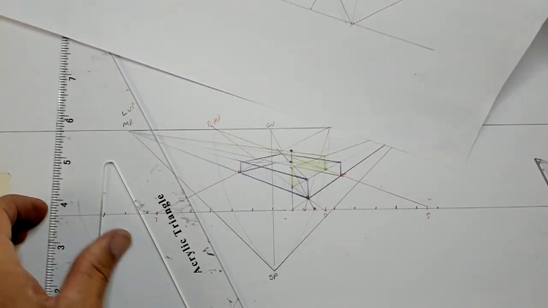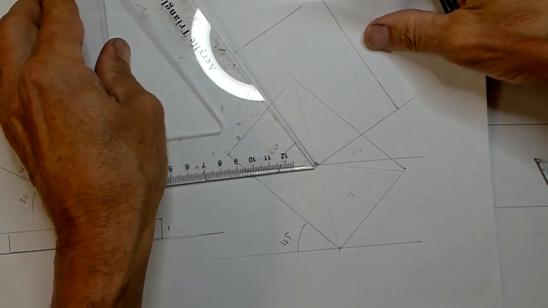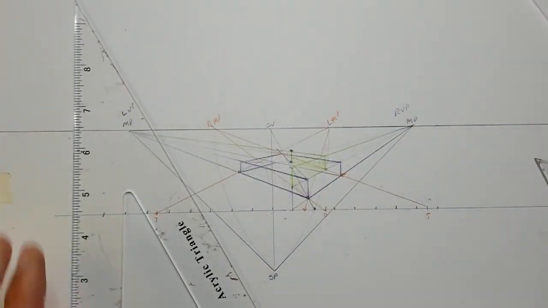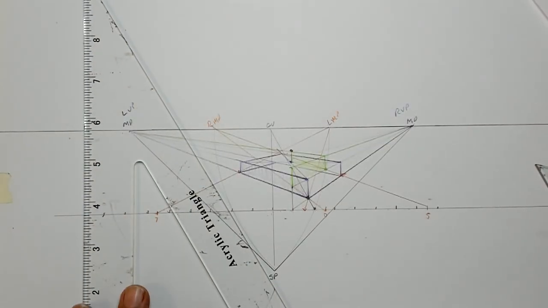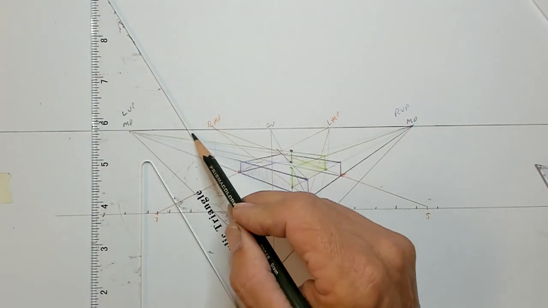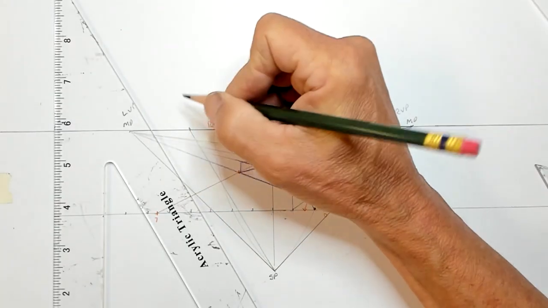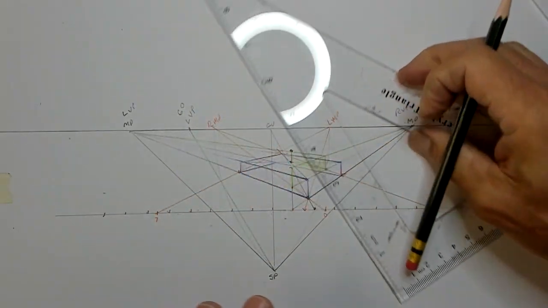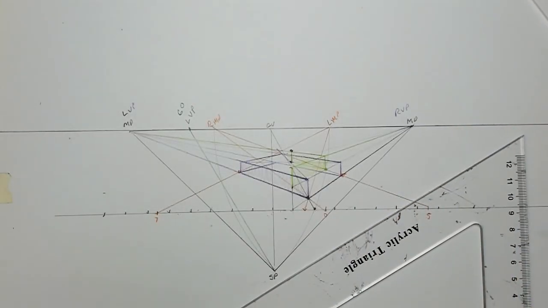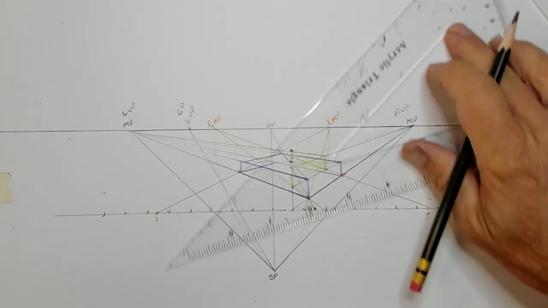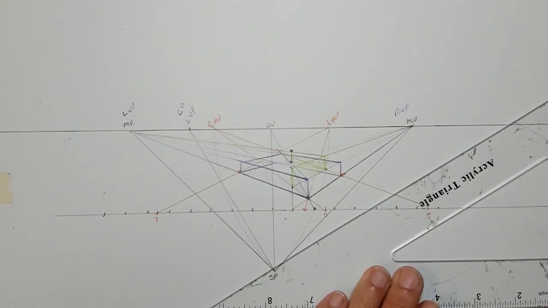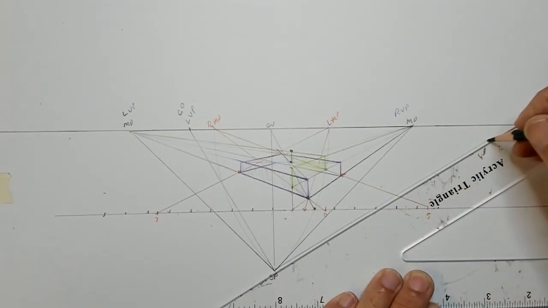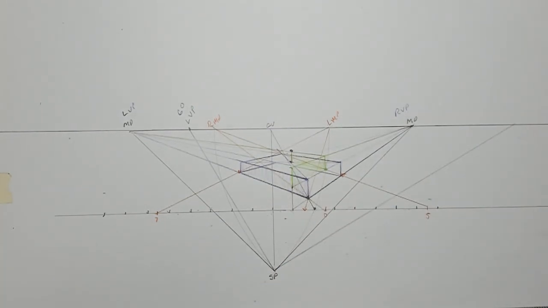So we take this 60 that's here, put that angle at the station point. Now we have a 60 degree left vanishing point. Put 30 over here. And we have a 30 degree right vanishing point.